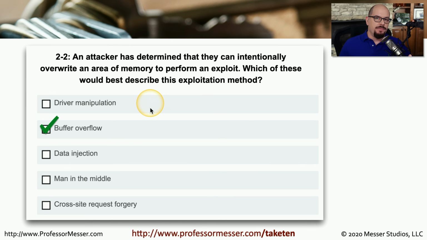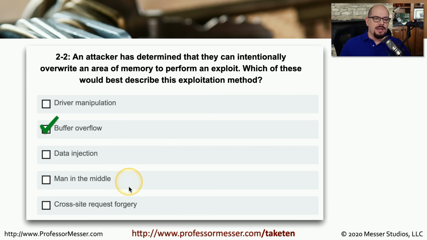Driver manipulation involves modifying or implementing a specific type of driver change on a system. It's not regarding overwriting an area of memory. Data injection involves putting our own code into some existing code, but it does not necessarily require that you overwrite an area of memory.